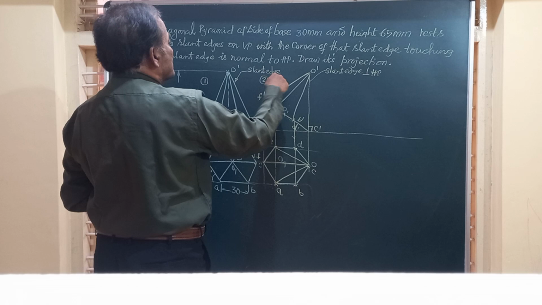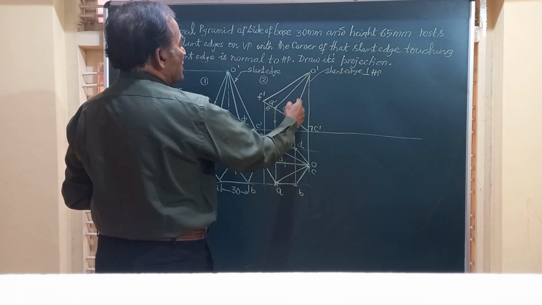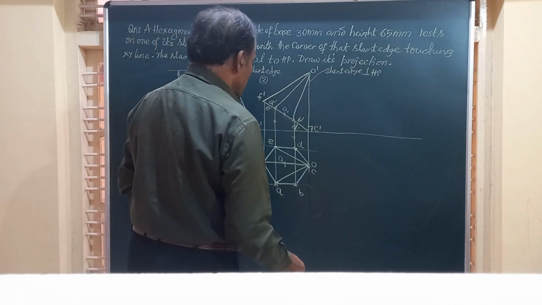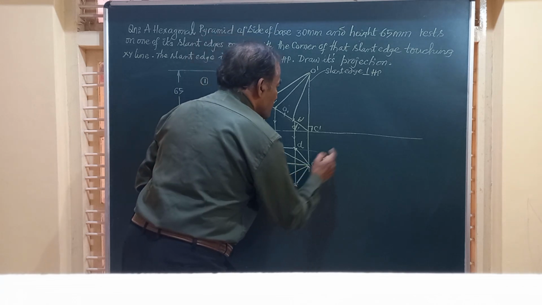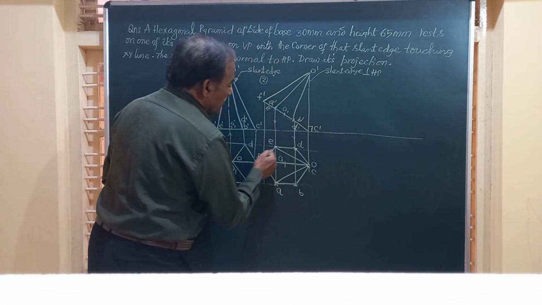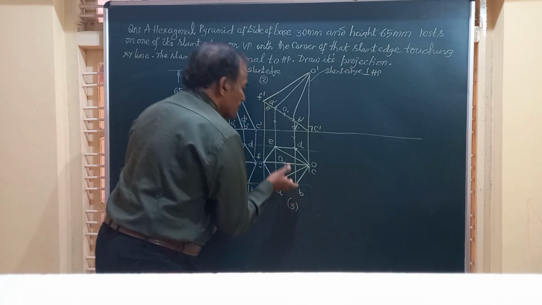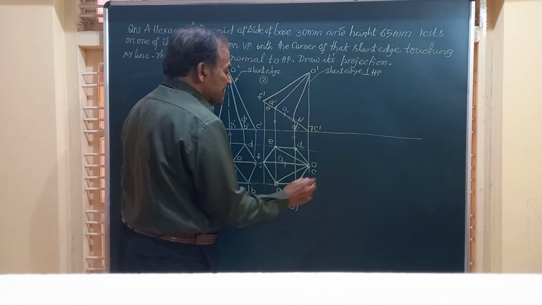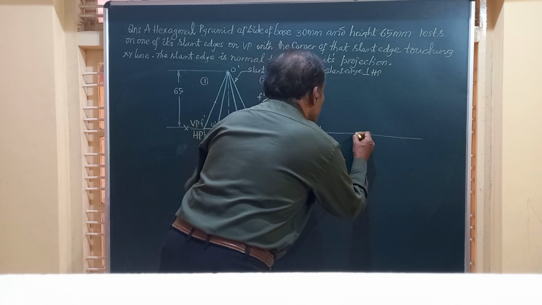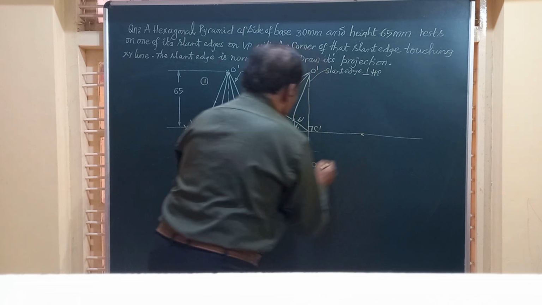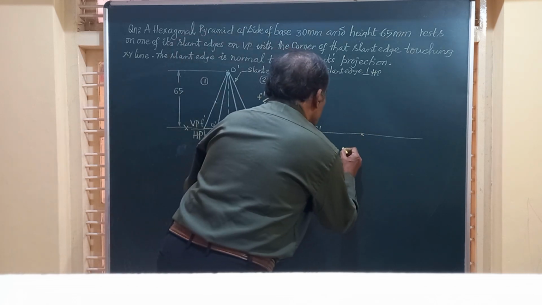This slanted is normal to HP, that is completed. Draw its projections, friends. Finally, this OC should be here. So I am going to redraw this figure number 3 with rotation through 90 degrees, so that this OC will lie here. So friends, I am going to reproduce this figure.